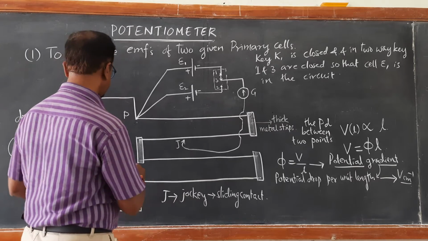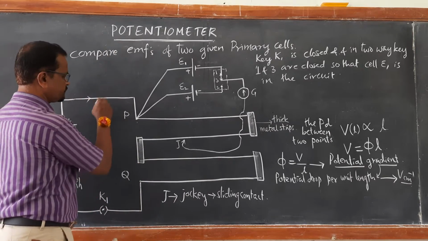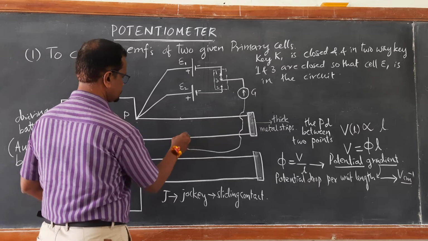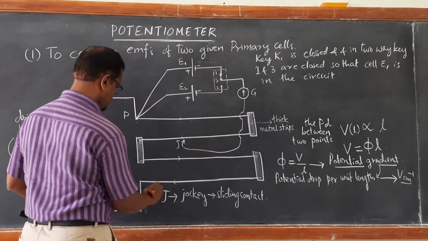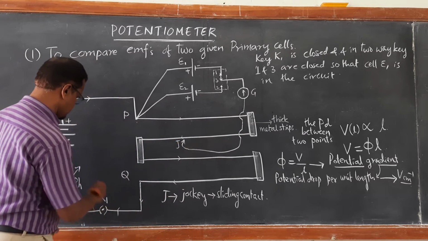Now look at this. The current flows like this. This is the current maintained by the auxiliary battery, and thus the circuit is completed.